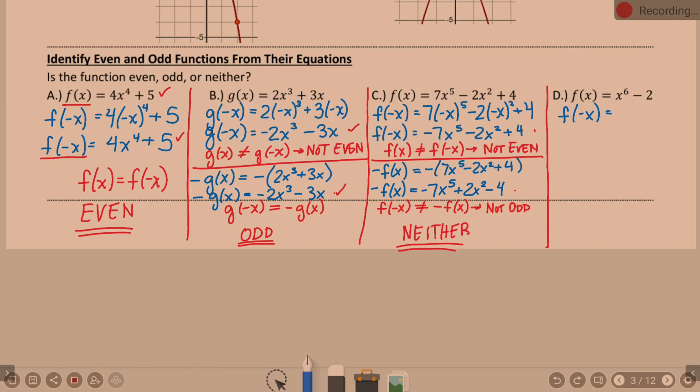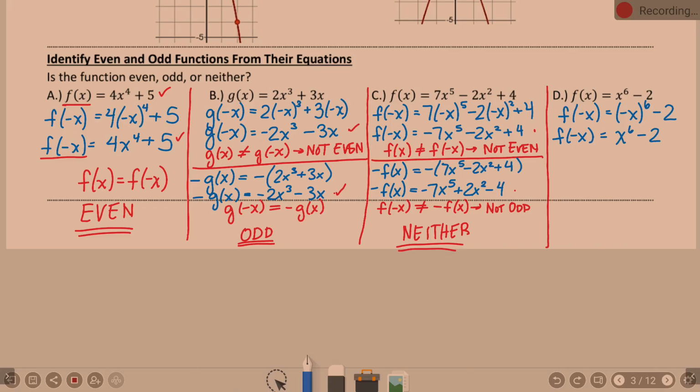So every place I see an x, replace with negative. So negative x raised to the 6th minus 2. What is a negative raised to the 6th power? A negative raised to an even power becomes a positive. So this becomes positive x to the 6th minus 2.